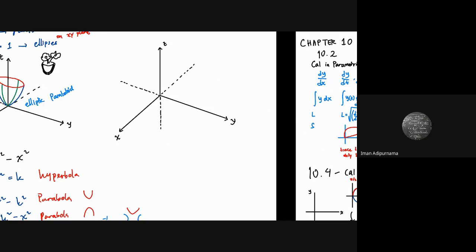Okay, let me use the green color. So the first one, let's make the parabola here. And then make a hyperbola here.